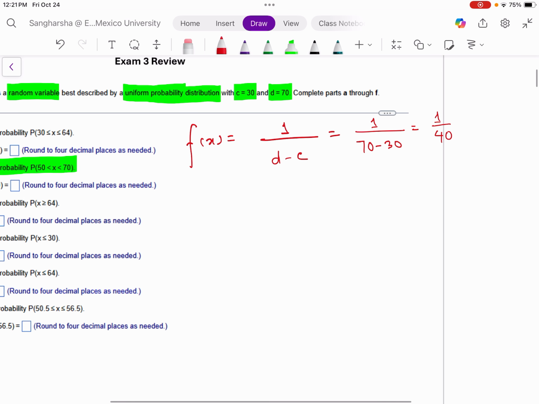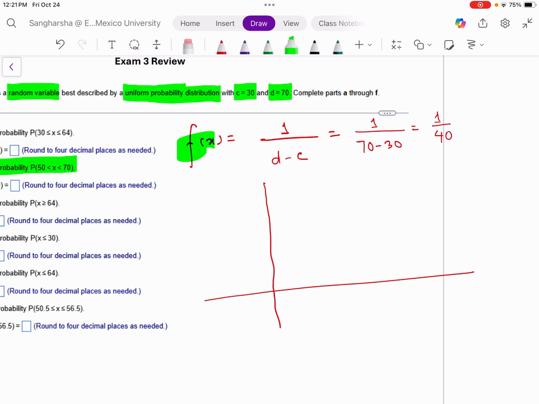Now next, let's go ahead and draw a graph for this uniform distribution. Here we have the function f of x equals 1 over 40, so we draw a horizontal line at 1 over 40, from c equals 30 to d equals 70.